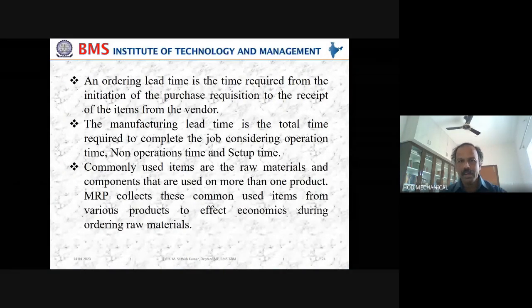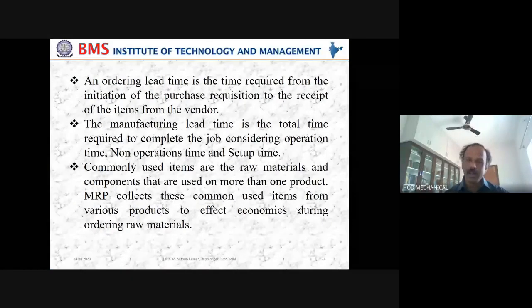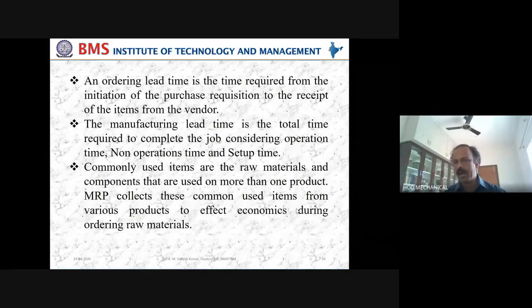Therefore, rather than asking the vendor to supply 10 items separately, if you ask in bulk, let's say 30, or 10 ton separately, the economics is definitely going to be different.